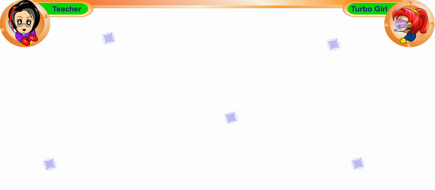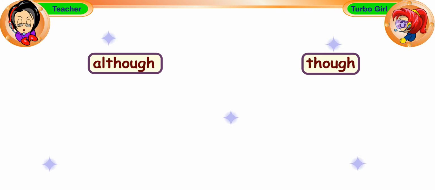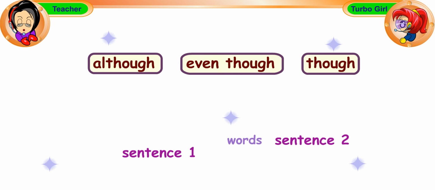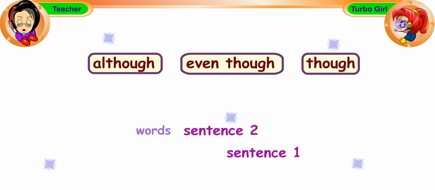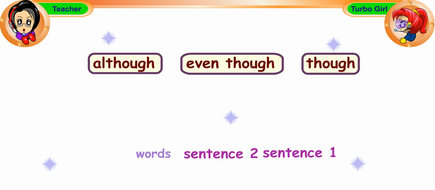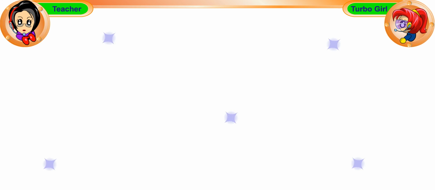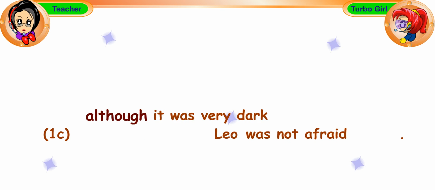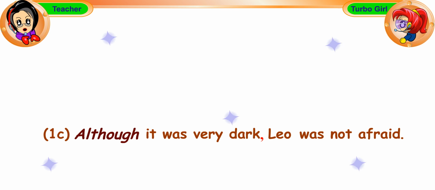When we use the words although, though, and even though, we can move these words and the sentence after them to the beginning of the sentence. For example, 1c. In the sentence, Leo was not afraid although it was very dark, we can move the clause although it was very dark to the beginning of the sentence to form although it was very dark, comma, Leo was not afraid.